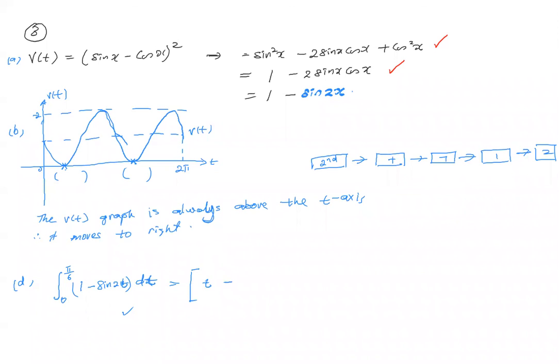You integrate sin, you get negative cos 2t divided by 2. Then you substitute in and you get the right answer, you get another mark. So if you are not good at calculation, but you know how to integrate, please do all these steps properly. So out of the 3 marks, you got 2 marks already.